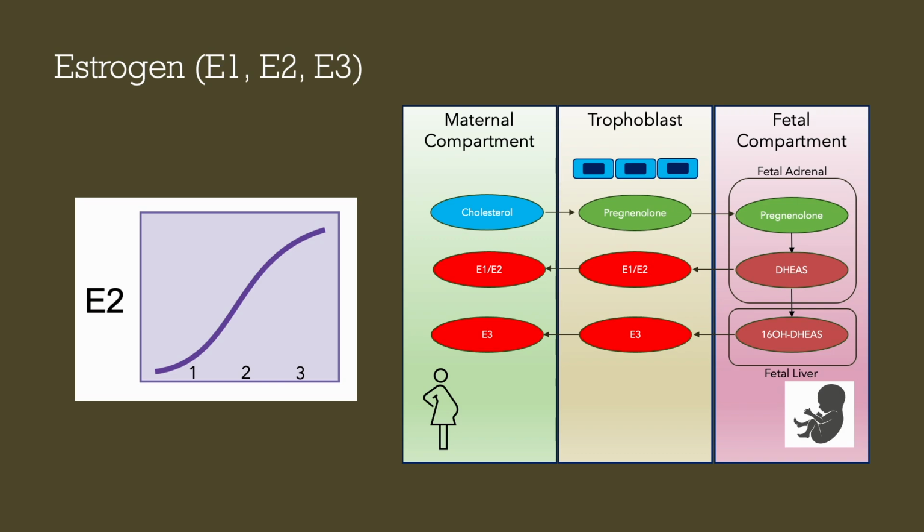And then back to the fetal compartment, that DHEAS can move into the fetal liver, where it's converted to 16-hydroxy-DHEAS. That molecule will move over into the trophoblast and be converted into E3, and that E3 will move into the maternal compartment. So you can see that the mom, the placenta, and the baby are all involved in the production of these 3 different estrogens during pregnancy.